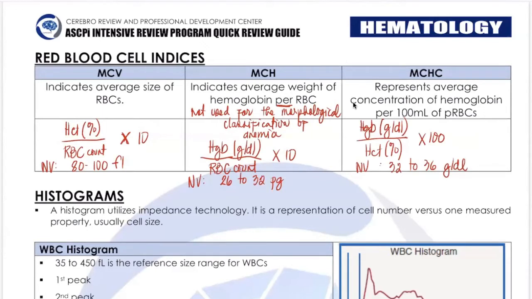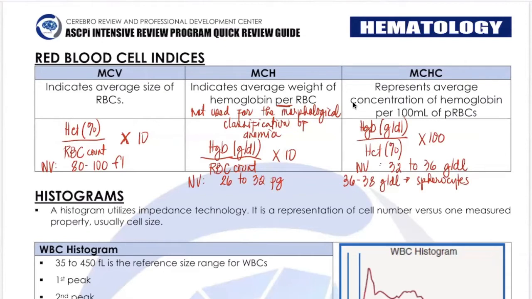Technically, ganun yun. Which is why, if the value for your MCHC is already 36 to 38 grams per DL, you have to check for the presence of spherocytes in your peripheral blood smear. Kasi usually, if meron tayong anisocyte, meron tayong poikilocyte rather that is having a hyperchromic characteristic.